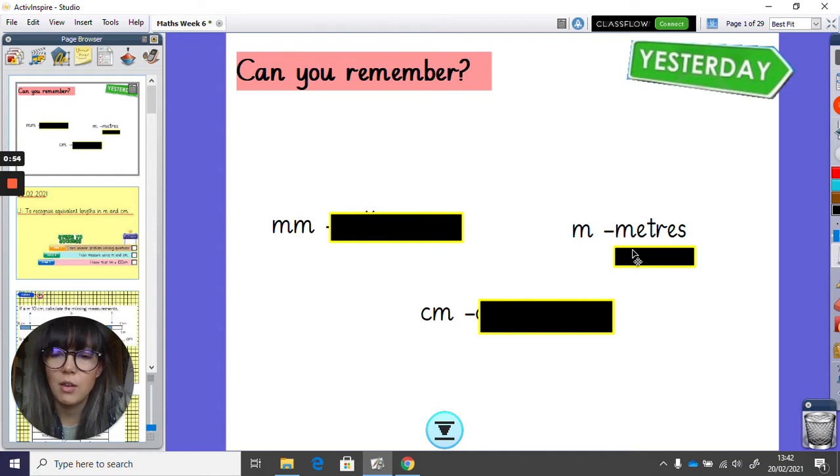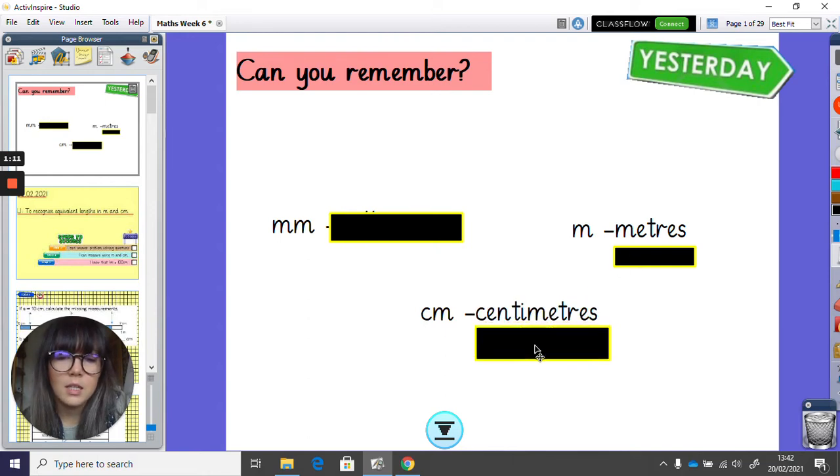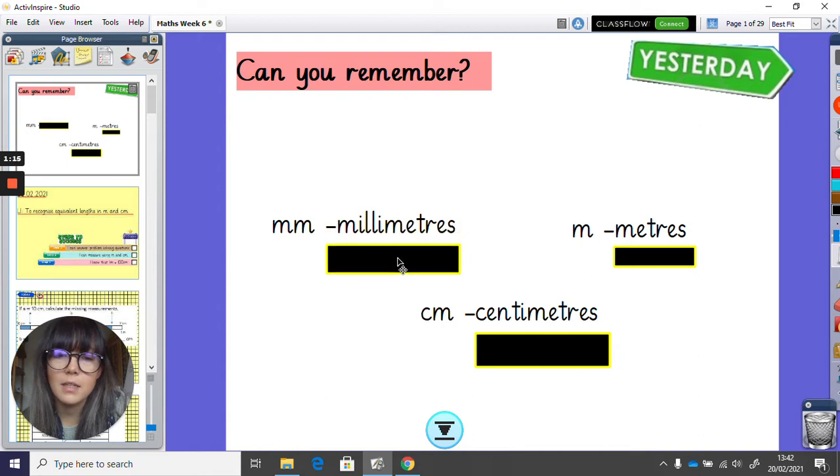So it's a length, okay? So if we saw something was 3 meters long, then that's the length of it, okay? That's how long it will be. That gives you a clue to the other two answers. They're both lengths. This one is centimeters, and this one is millimeters.